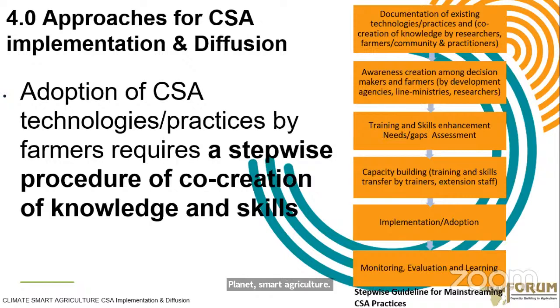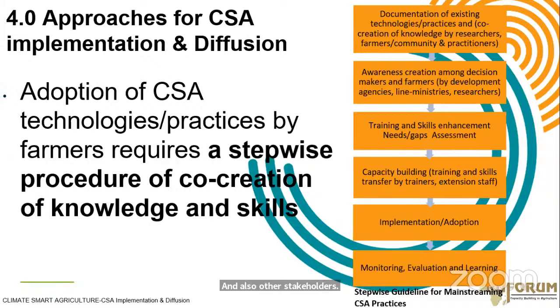At the very beginning, one has to understand or get to know what is there. And how we get to know what is there is through research. So one has to create that evidence, and as much as possible co-create it with the community or the farmers through participatory approaches. Once we have this evidence, it is this evidence that we use to advocate or create awareness among decision makers and also other stakeholders.